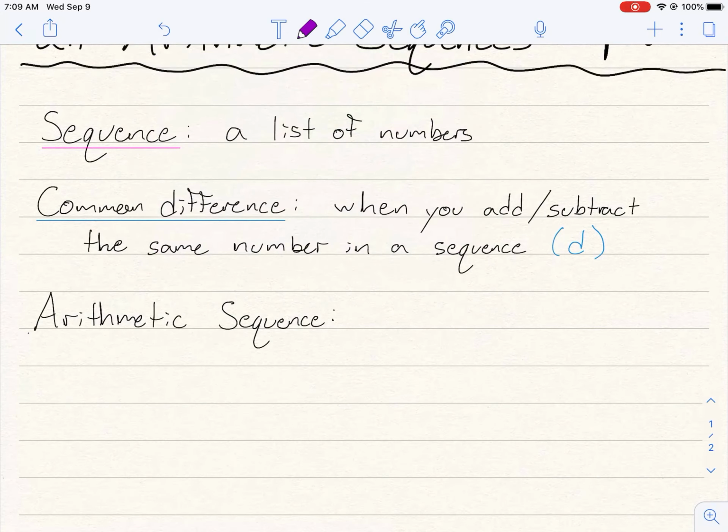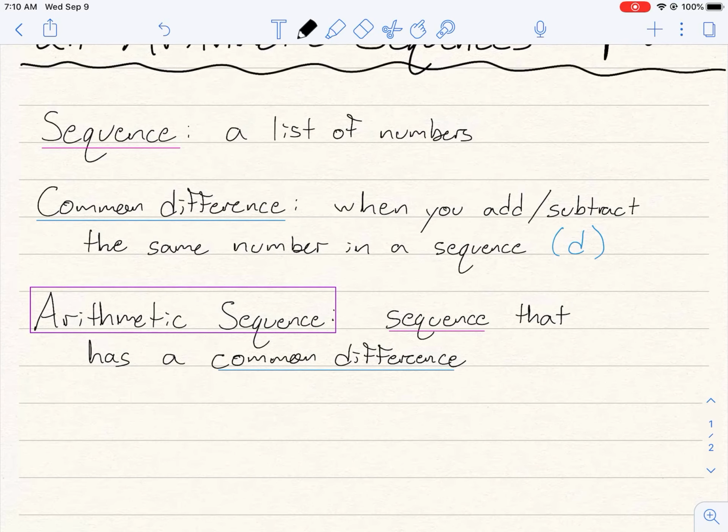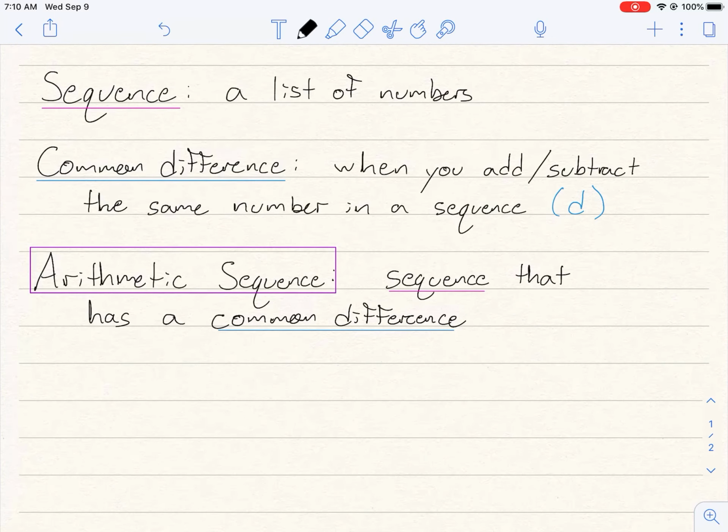And I'm going to underline sequence in pink, and then the common difference we did in this lighter blue. I forgot an E there. Oops. So an arithmetic sequence is a sequence that has a common difference.